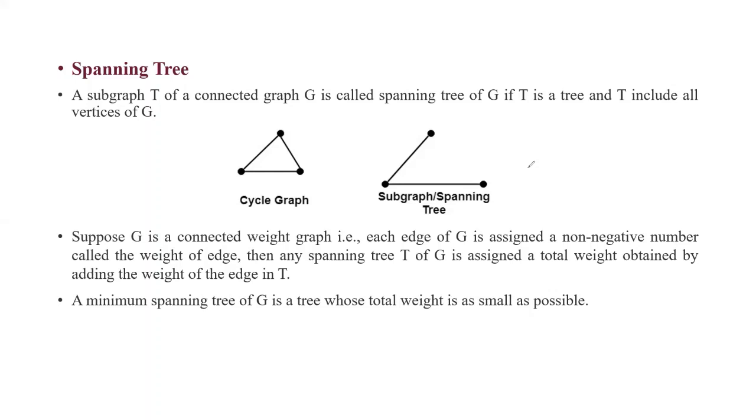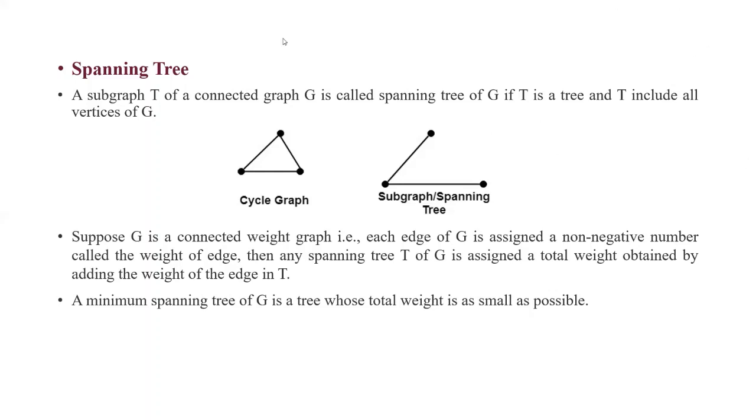We can draw a number of spanning trees for a graph; whenever we calculate the weight of every spanning tree, the one with minimum weight is the minimum spanning tree of that graph.